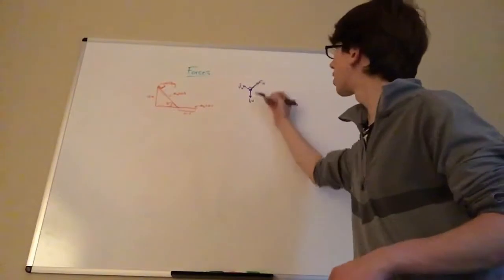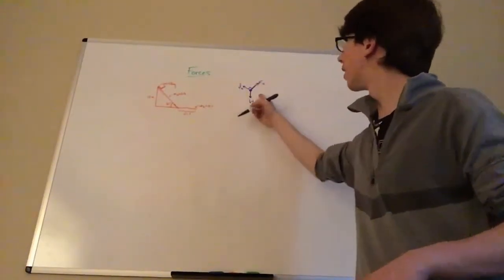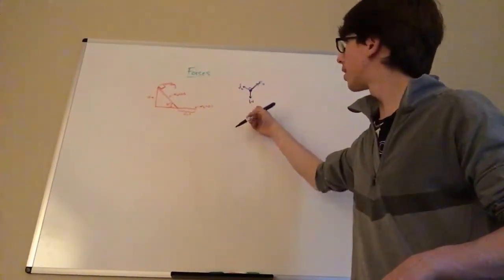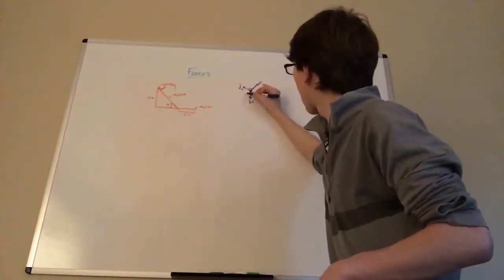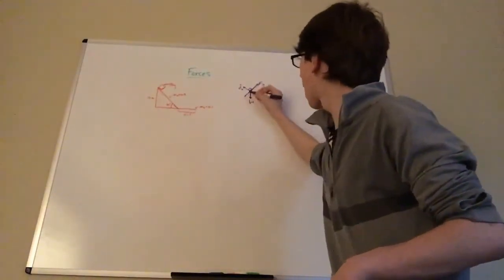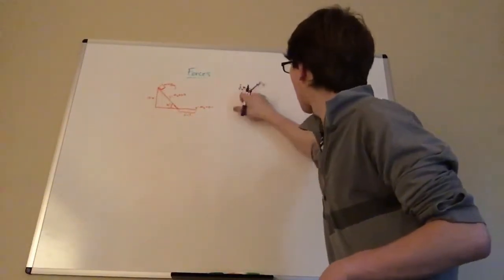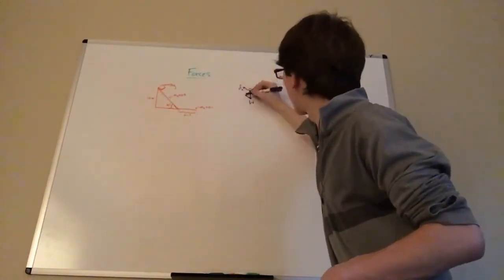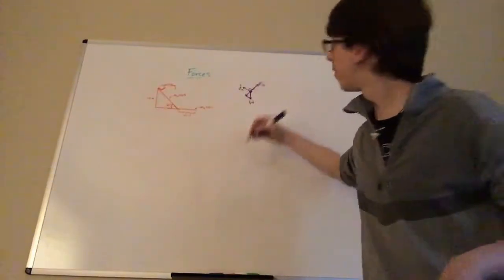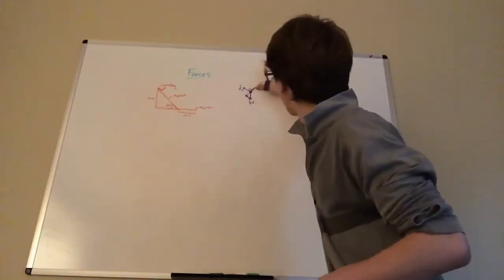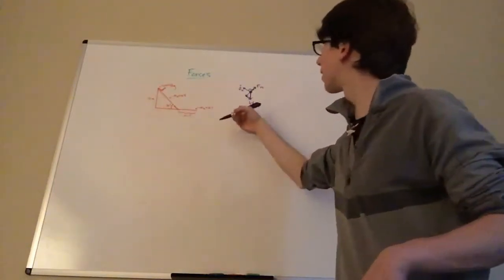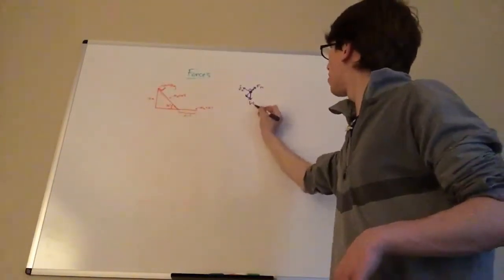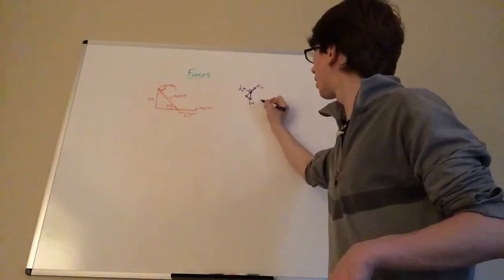So first we actually need to break down our weight into two component vectors. Here is the y value, and here is the x. So our ramp is like that.